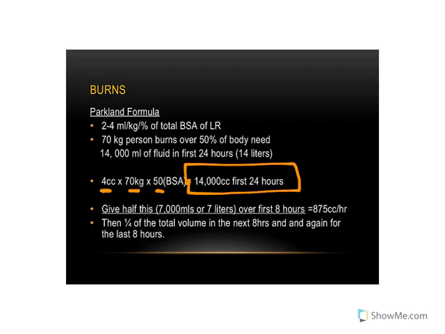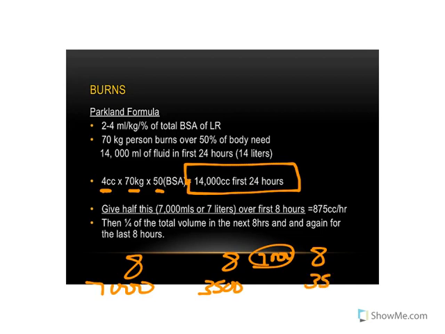So we're going to give half of that, so 7,000 milliliters in the first 8 hours. So you're going to divide your day into threes, 8, 8, and 8, so 7,000. And then obviously you have 7,000 left, so you're going to divide that between these 2 remaining periods. So you end up with 3,500 and 3,500.